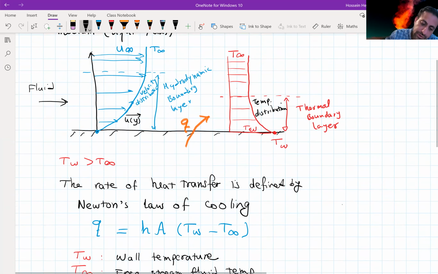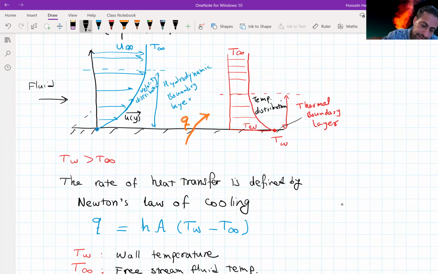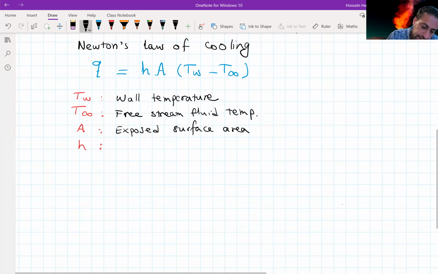If I look at this wall, it could have an extension here, and that's the area that is exposed to this heat transfer. And h here is the heat transfer coefficient.